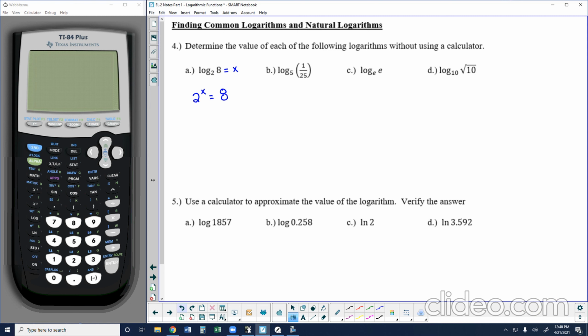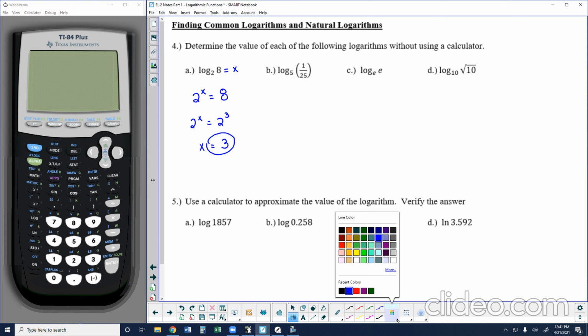So 2 to the x power is 8. We can then use the uniqueness property and rewrite 8 as 2 to the third power. And in this case, x would equal 3. So log base 2 of 8 is equal to 3. There is a way to check this in the calculator with the change of base formula, but we're not quite there yet. So we're just going to stick to finding these.